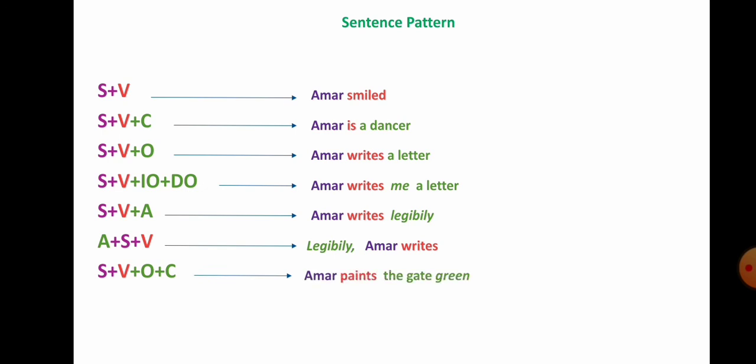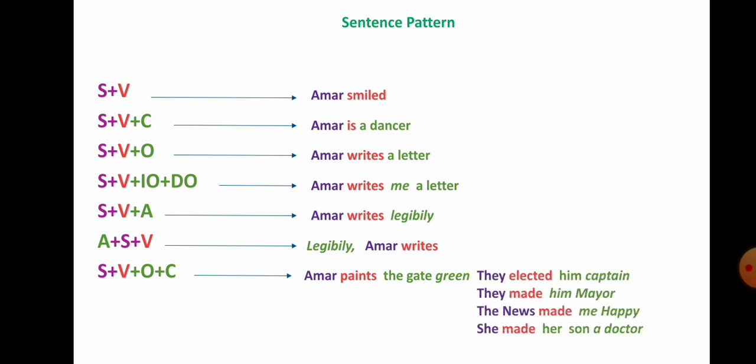Here Amar is a subject, paints is a verb, the gate is an object, green is a complement to the gate. Here green is related to the gate, not to Amar. So we call it an objective complement because it complements the object. It gives some additional sense to the object.